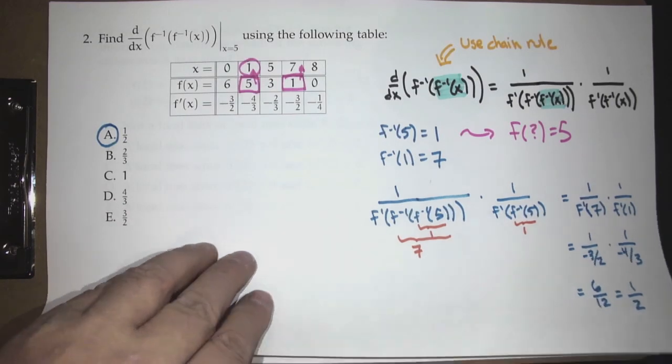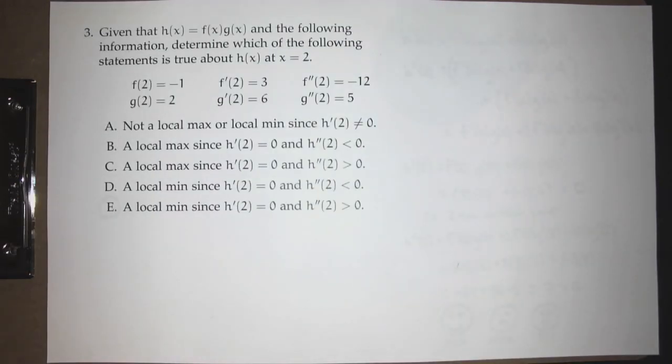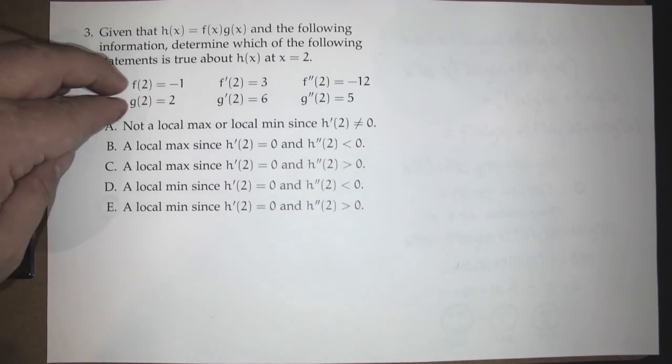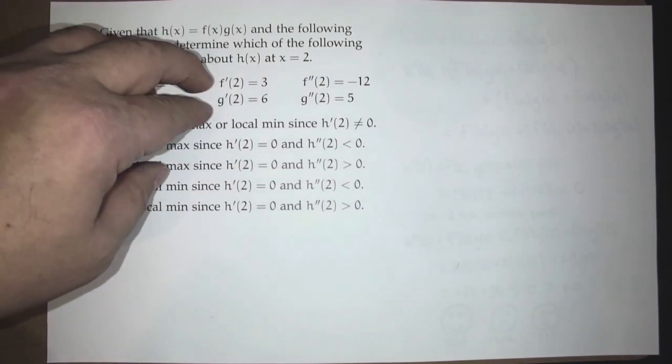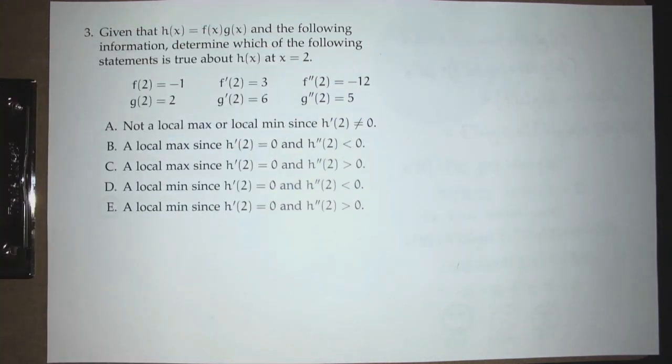Okay, cool. Number 3. Given that h of x is equal to f of x g of x, and the following information. So we have information about the value of f and g, of f prime and g prime, and f double prime and g double prime at 2. And the question: determine which of the following statements is true about h of x at x equals 2.